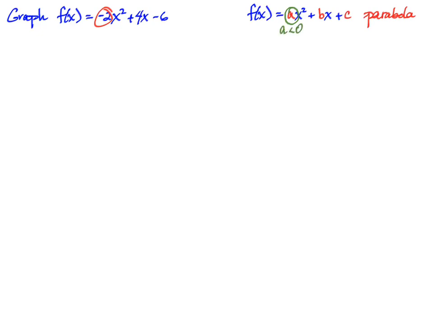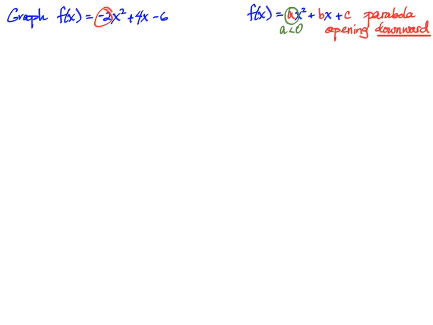Since that number is less than 0, since it's negative, we know that our parabola is going to be opening downward. So we know in advance what it should look like, so that when we're finished graphing, we can verify that it looks right. If we got something that opens upward, then we know we made a mistake. We can go back and fix it.